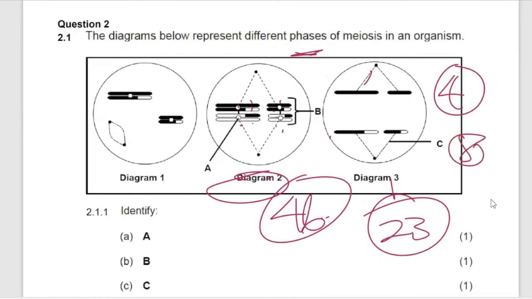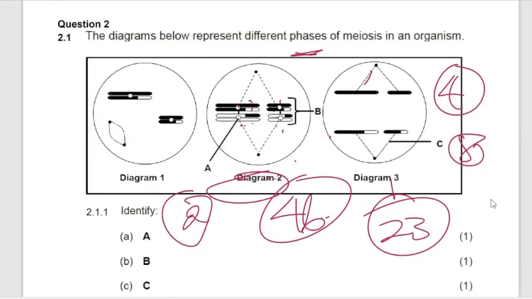How many chromosomes will be found at the end of division of diagram 2? Yes, because this is meiosis 1, and since there are 4, therefore it's going to be 2. Yes, that's the number of chromosomes that will be found at the end of meiosis 1.